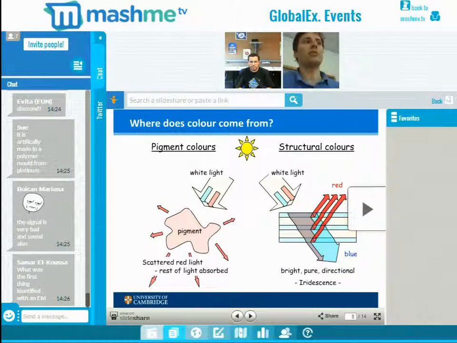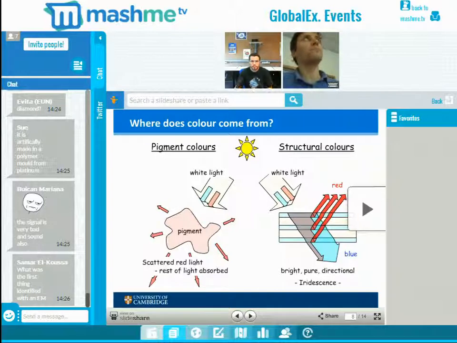The sun produces white light, and the different colors of the white light are absorbed by the pigment. For example, when a pigment appears to be red, then the yellow and the blue light are absorbed by the pigment, and the red light is reflected. That's how most of the colors are generated.